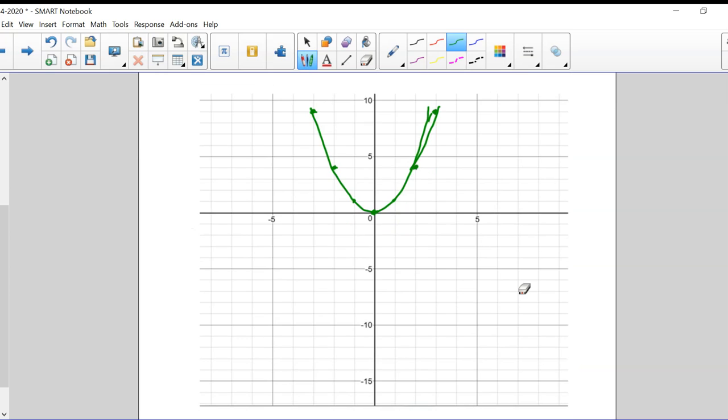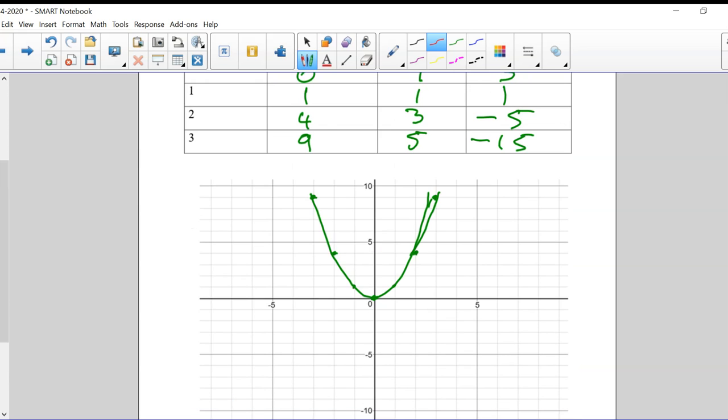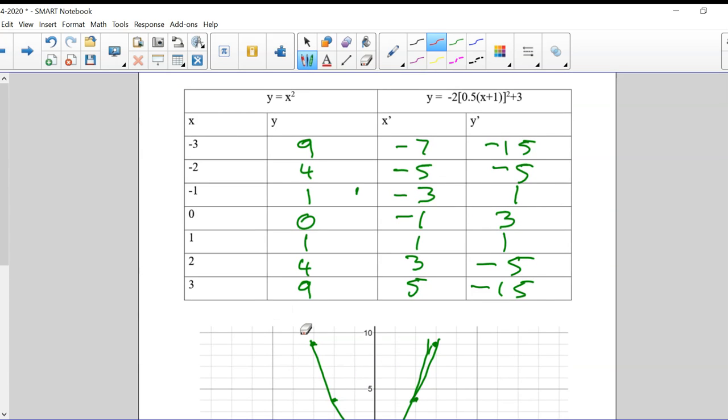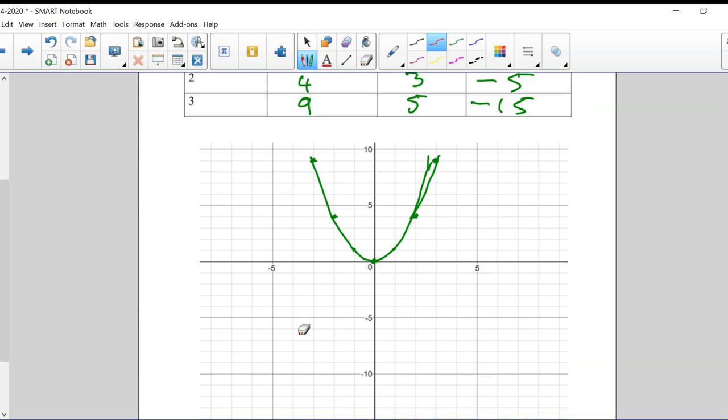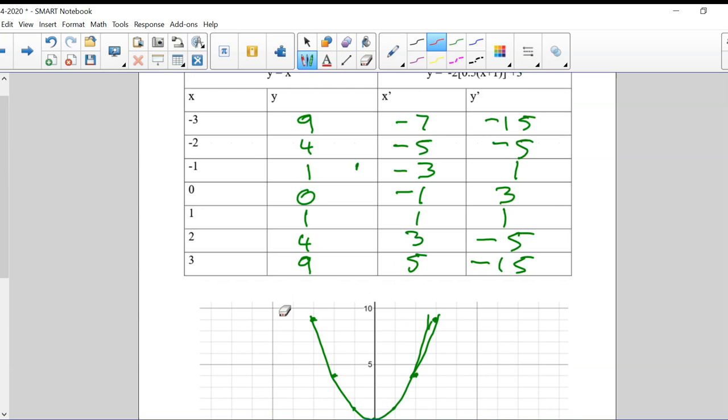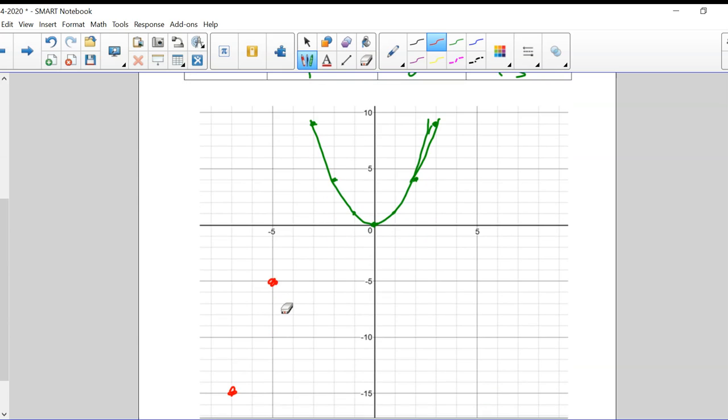-7, -15. I'll use a different color for this one. -7, -15 is somewhere around here. This graph that we're about to draw should still look quadratic, but it should have been stretched and shifted and a bunch of other things done to it. And then -5, -5. That's that point right there. And then -3, 1 should be about here.